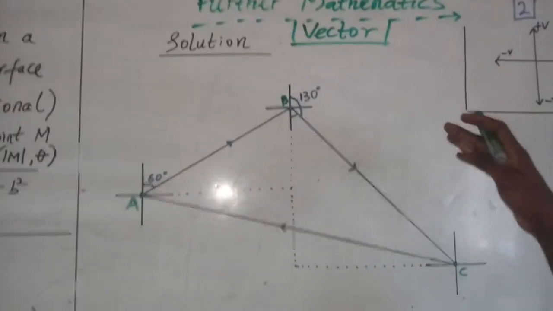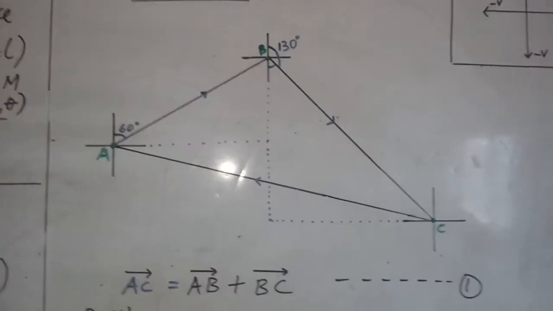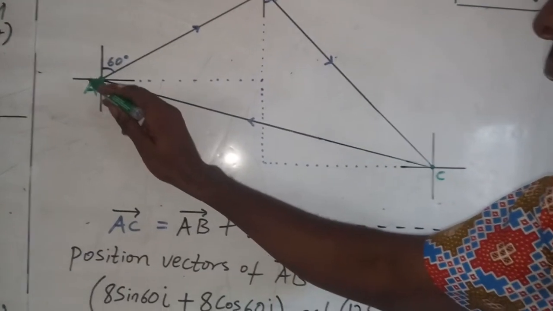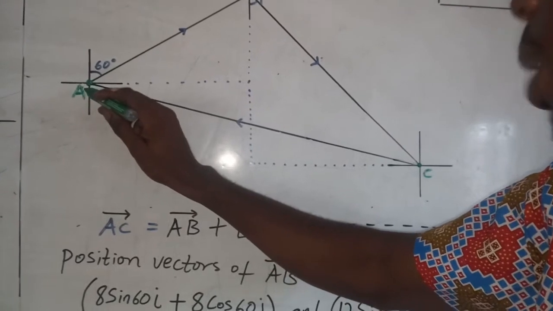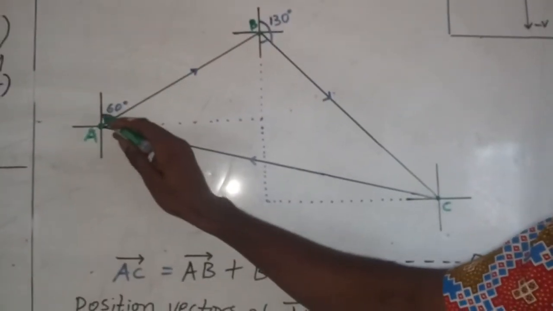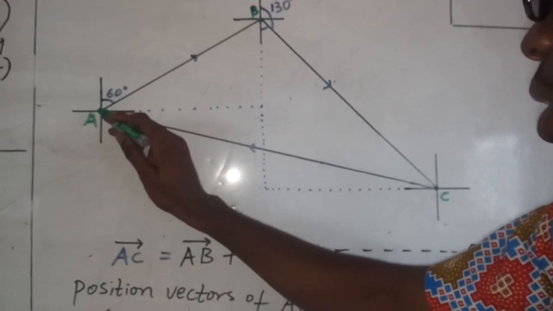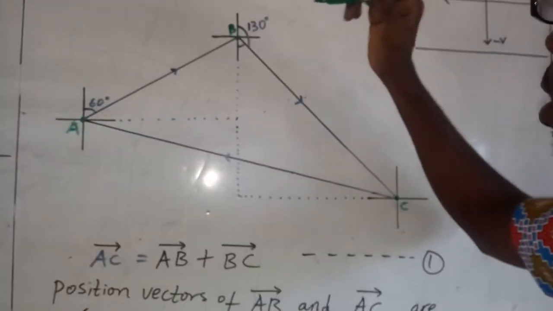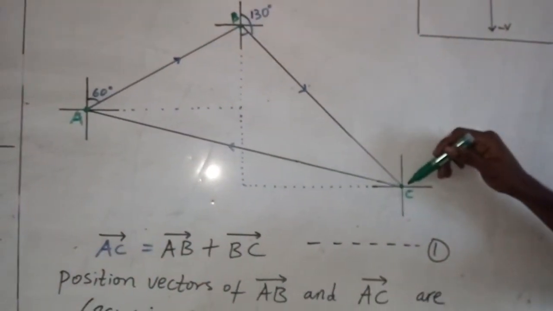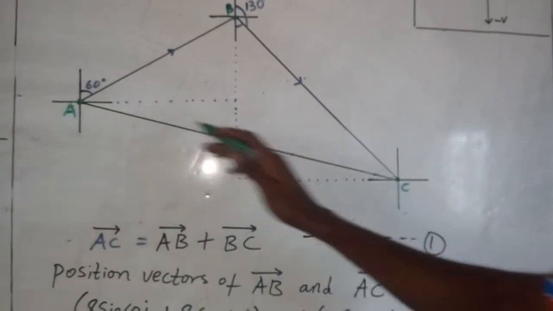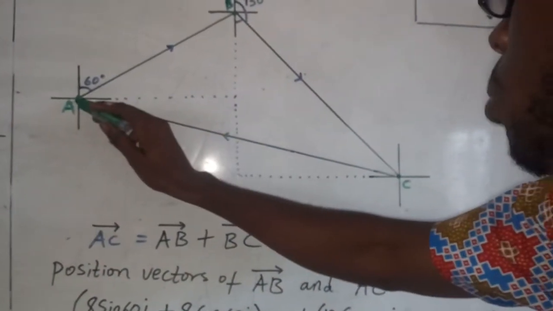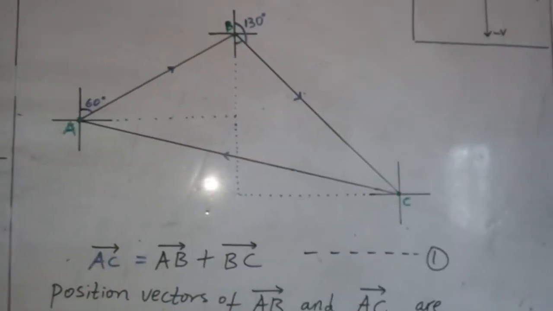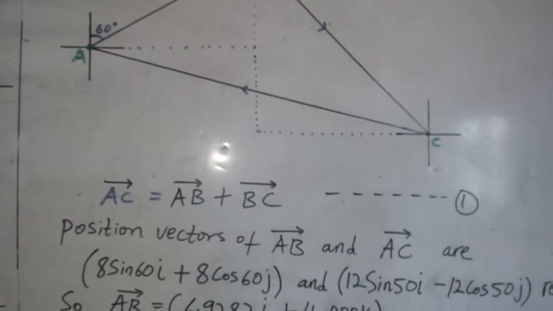So when you try to represent this in a graphical form, we have been told that the point A is this, and the bearing of B from A is 60 degrees. So this is the starting point. The movement goes from A to B, and from B to C. So once we enclose this triangle, it means that we move from A to B, B to C, and C to A. So why are we asked to find AC?